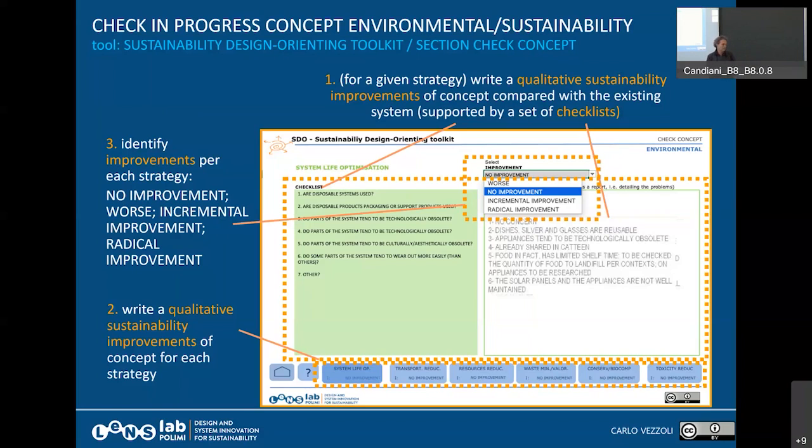This is not the case here. It could be made up to a system level. It's complex because you may have more than one product, so it's not always that easy. But indeed, if this is feasible, why not? That could be used. Nevertheless, up to a concept level, to use a qualitative system is fair enough.